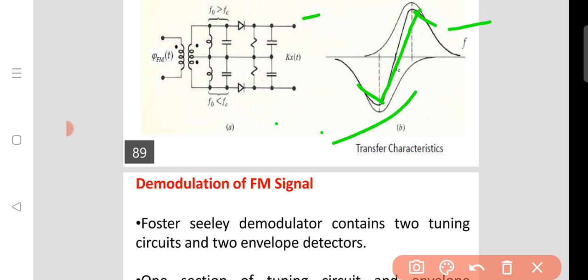The upper and lower frequencies are AM, and both are mixed here, and then finally we get our message signal through the filters by smoothing. I hope you understand this Foster-Seeley concept. For better tuning purposes, two circuits are employed.